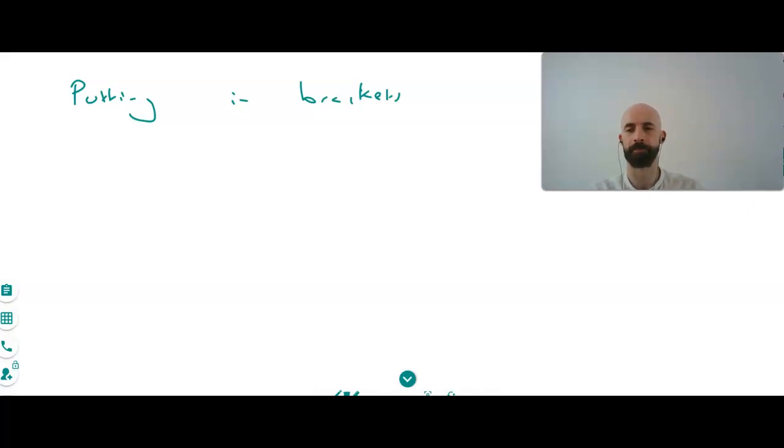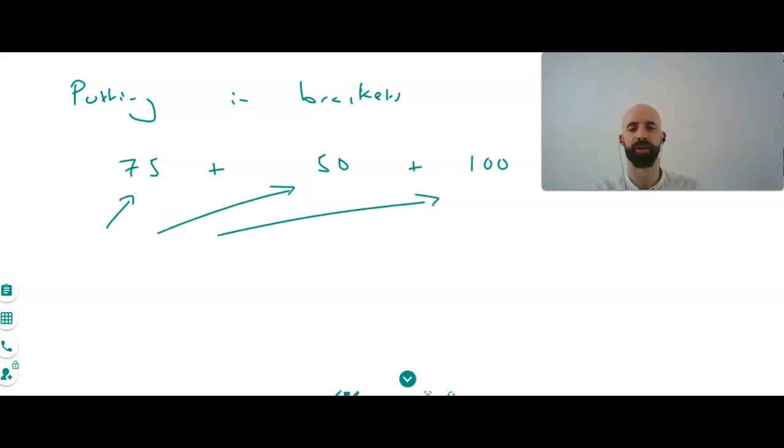For example, let's go with 75 plus 50 plus 100. Do we have any common factors that will go into all of those? An obvious common factor would be 5. So we put 5 outside the brackets, and now we're going to put in brackets.